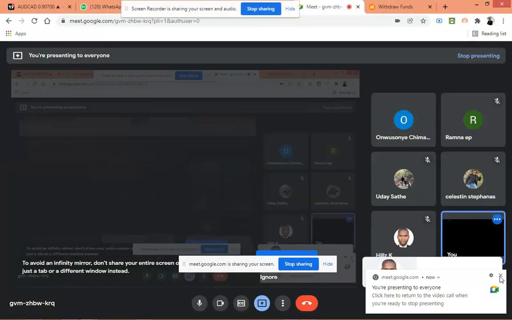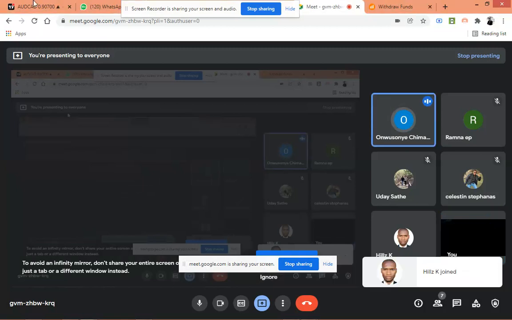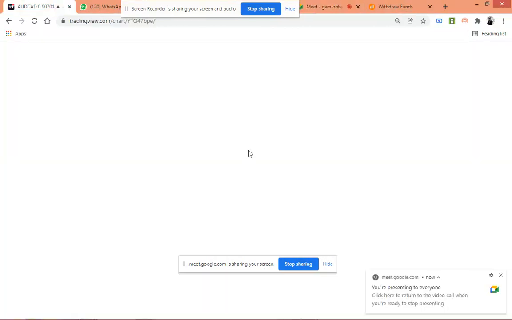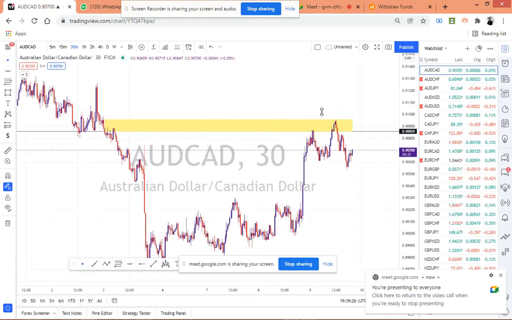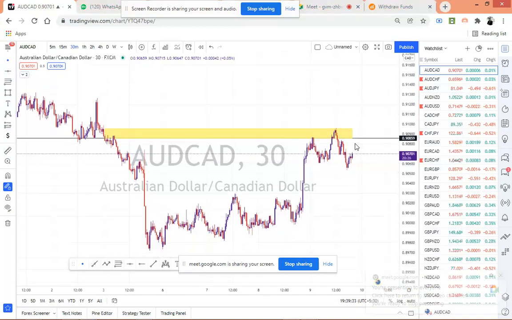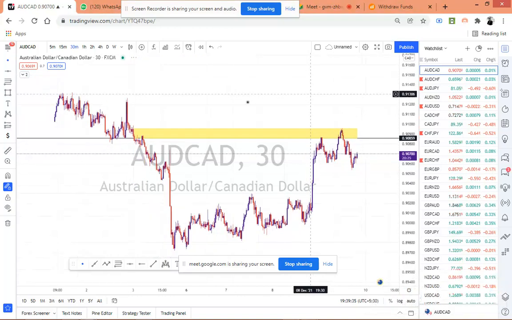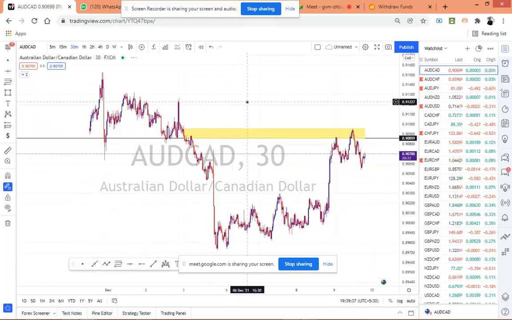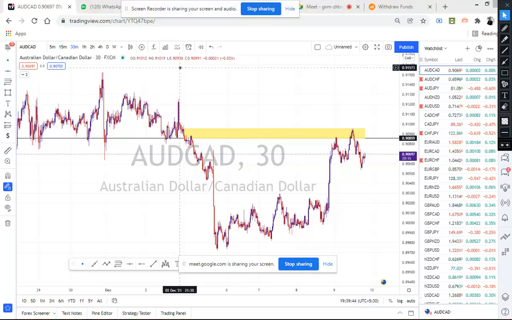So here, let me start from AUD/CAD. Let's see what is going on with AUD/CAD. Then I'll execute my trade on AUD/CAD if there's any opportunity to enter the trade. So right here, the analysis I made on AUD/CAD is based on this pattern.